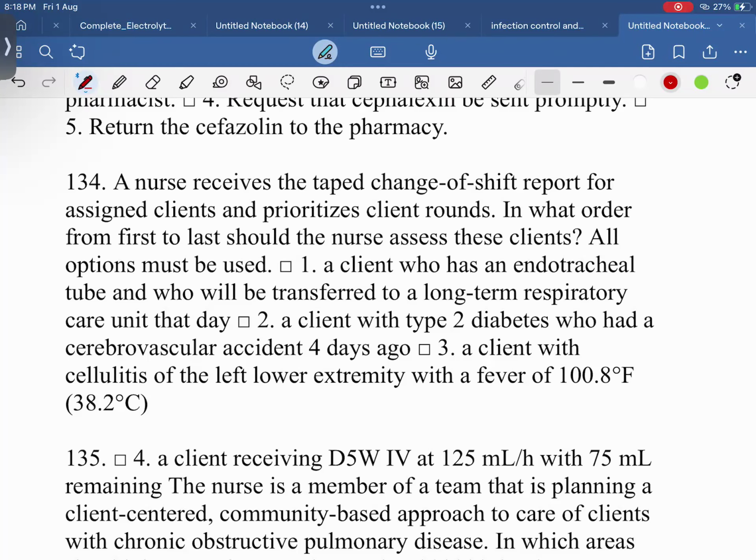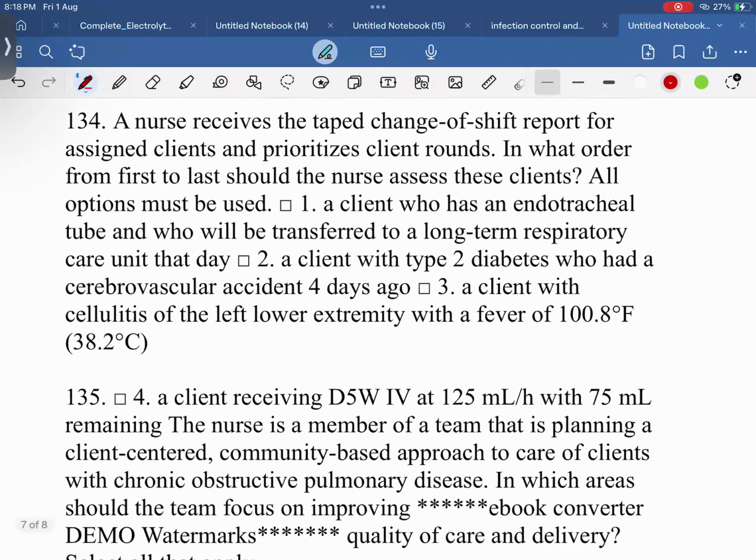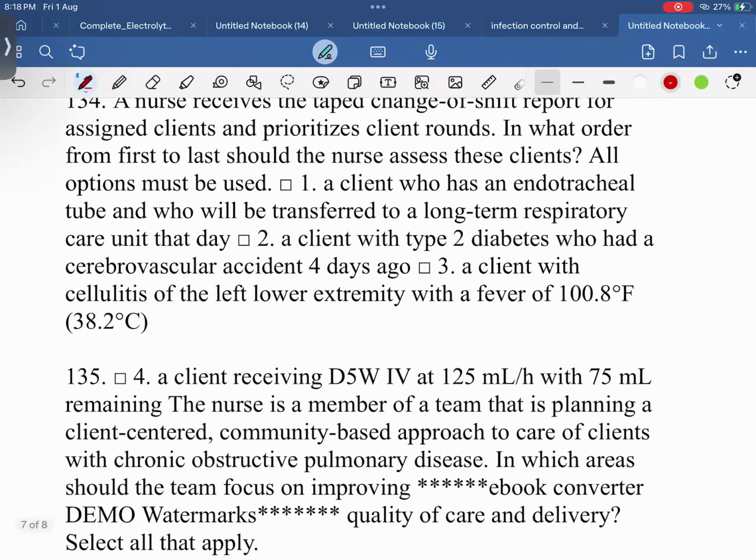Third, a client with cellulitis of the left lower extremity with a fever of 100.8 Fahrenheit. Fourth, a client receiving dextrose 5% in water IV at 125 ml per hour with 75 ml remaining.